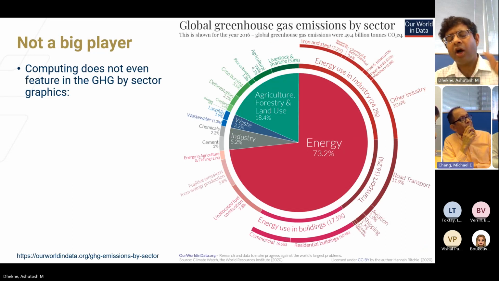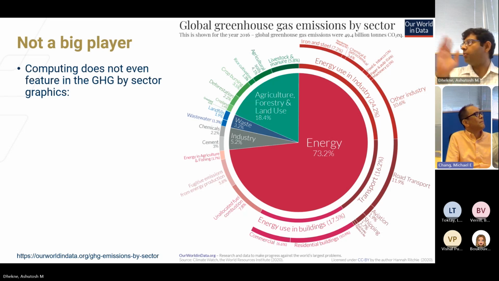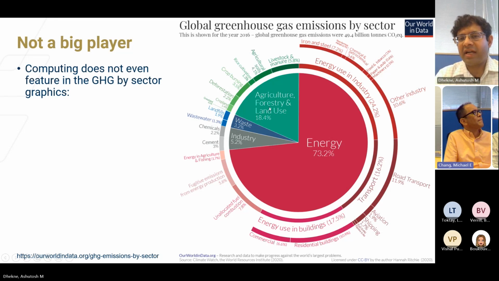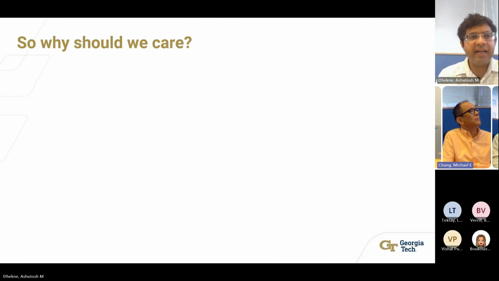But if you look at this global picture of greenhouse gas emissions by sector, computing doesn't even show up. There's transport, there is energy consumption in buildings, there is energy usage in industry, there's agriculture and forestry and change of land use, even waste, landfills and wastewater. But computing just doesn't show up because it's not big enough. Which might lead everybody to say, so why should we care?